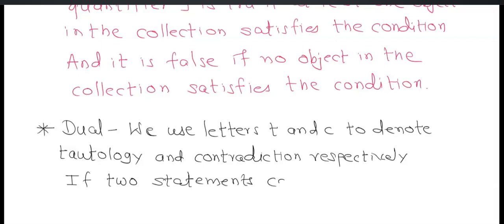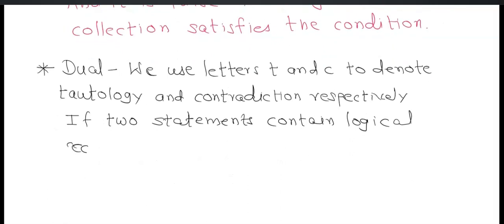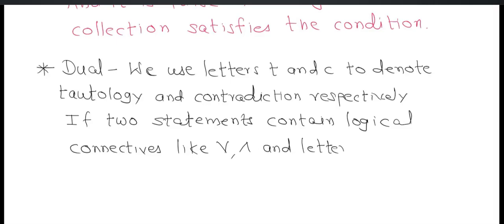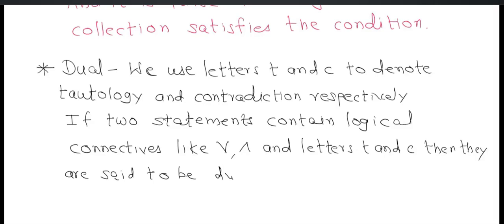Now, if two statements contain logical connectives like or, and, and the letters T and C, then they are said to be duals of each other.